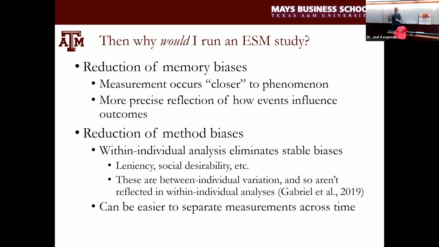All the stable stuff falls away because even though I have certain world experiences and life experiences and I live in a particular place and all of this, I still change, fluctuate day to day. And so all the stable stuff goes away and we can just look at those fluctuations. I like to say we get to the pure psychology of what's happening without a lot of the other stable kinds of things. Again, check Gabriel et al.